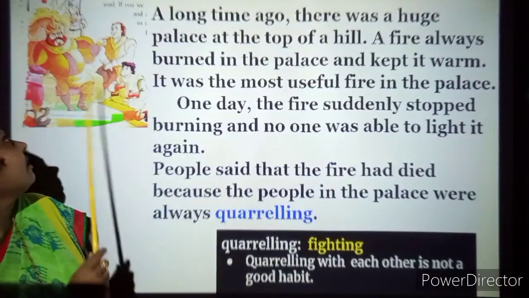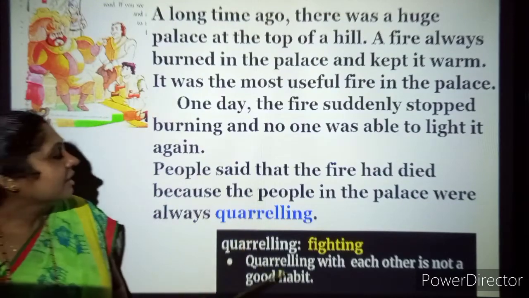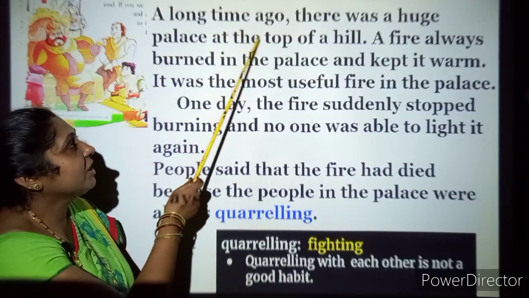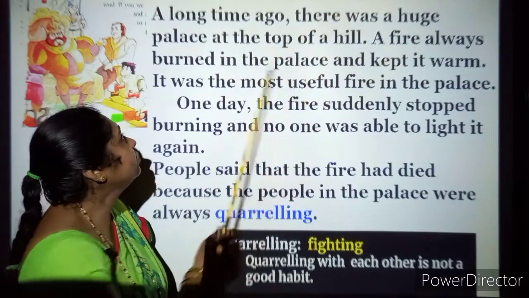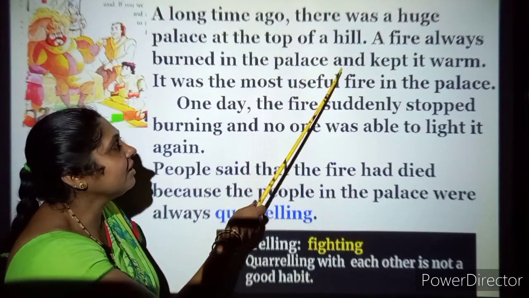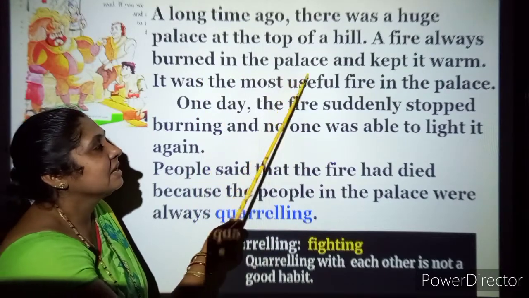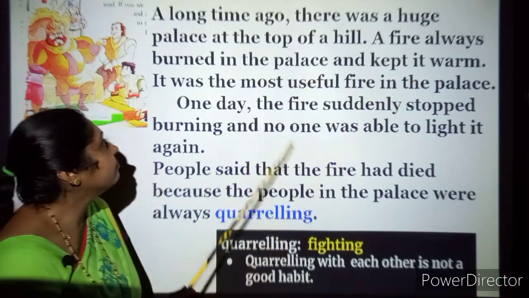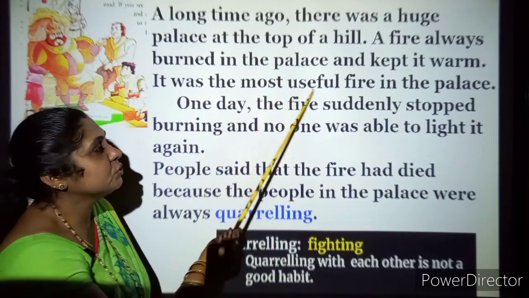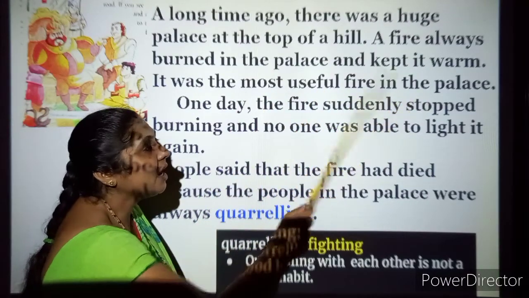See here, you have the same picture again. Now, a long time ago, there was a huge palace at the top of a hill. A fire always burned in the palace and kept it warm. It was the most useful fire in the palace.